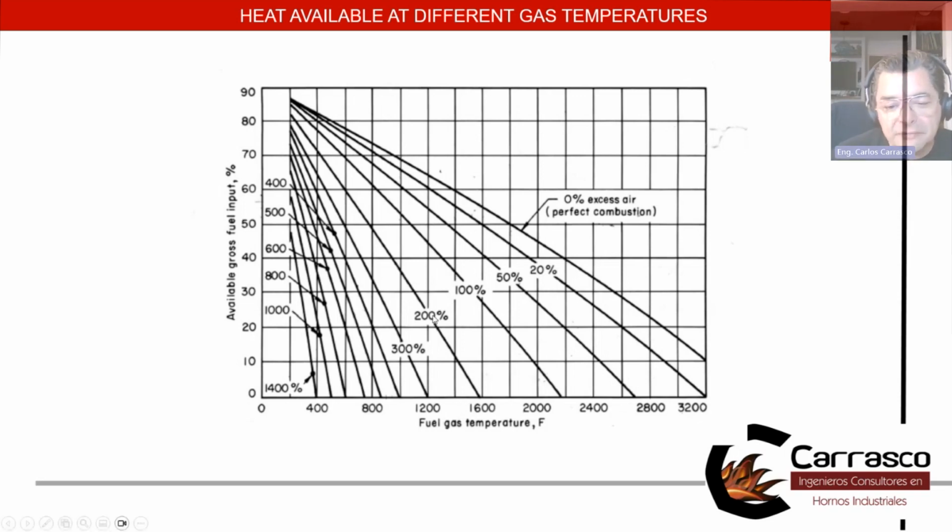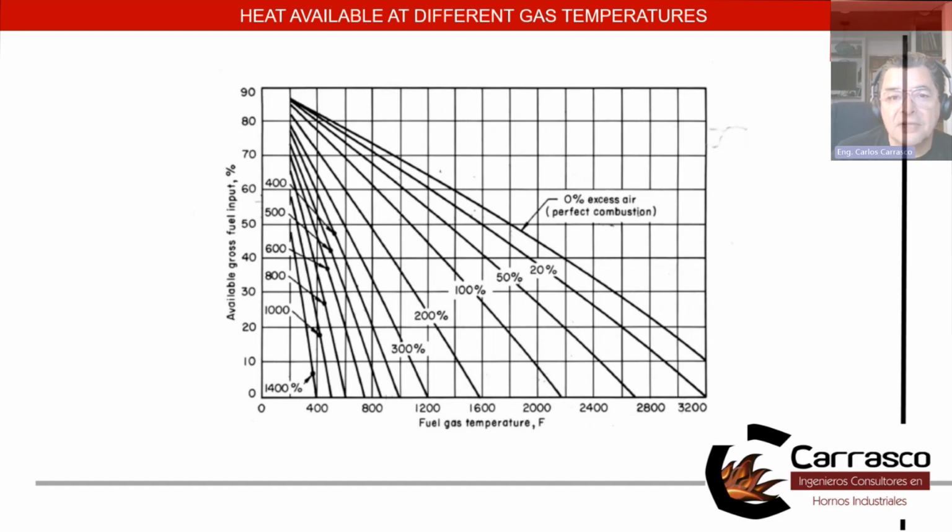So the more air I add, I have zero here, I have 10 here, 20, 50, the lower the efficiency is in the furnace. In a regular direct-fire combustion system, the maximum efficiency I can achieve in a furnace will be around 30%, unfortunately, because a forging furnace needs high temperature.